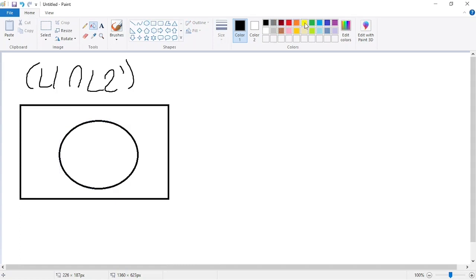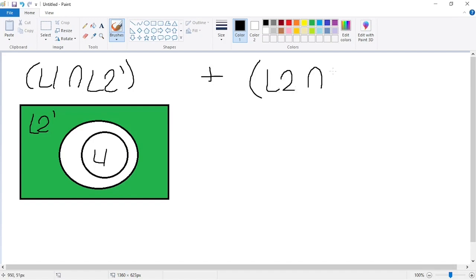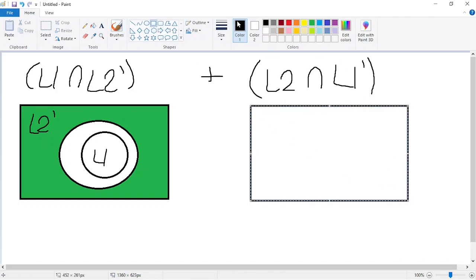If L2 is this, then the complement is the one on the outside, and for there to be no intersection between L1 and the complement of L2, L1 must be somewhere here. And this is the complement of L2. On the right side, we have all words in L2 but not in L1. So let's draw the universal set, and then let's try to draw the complement of L1.